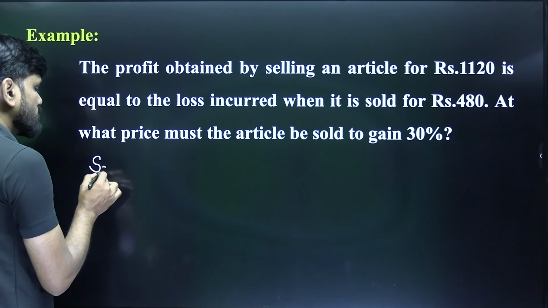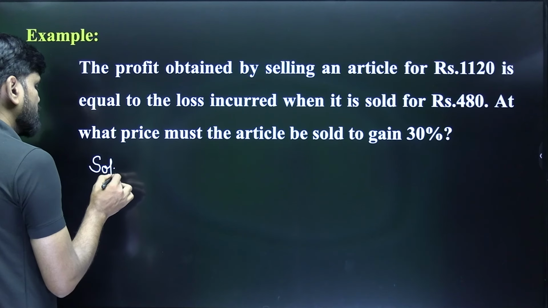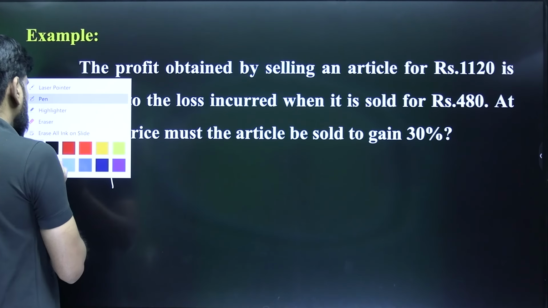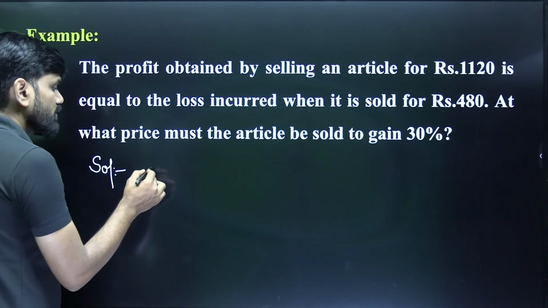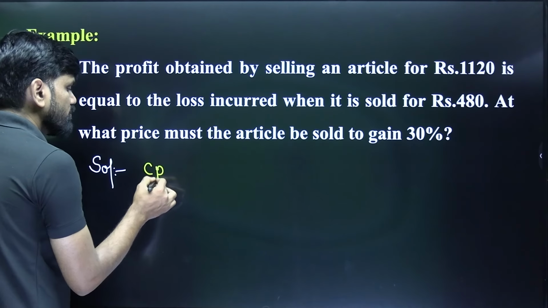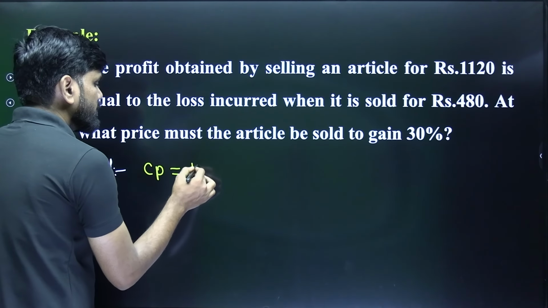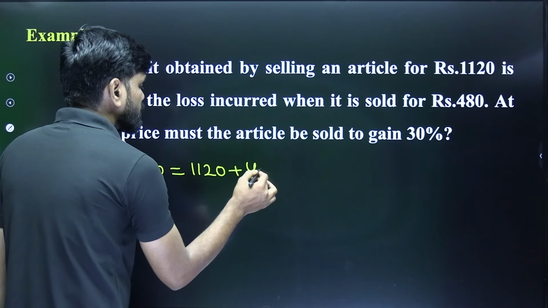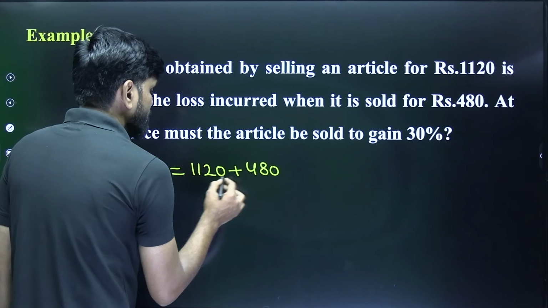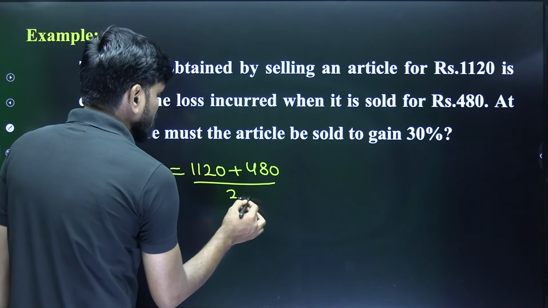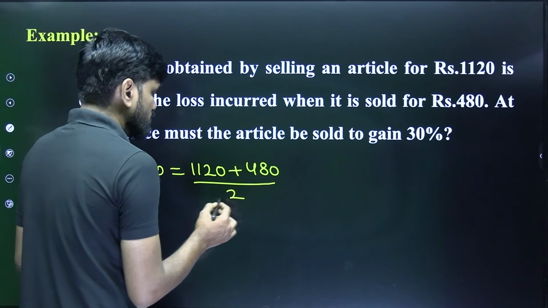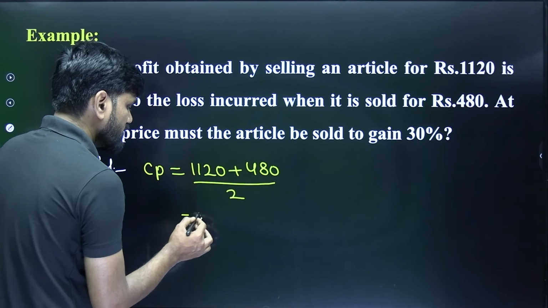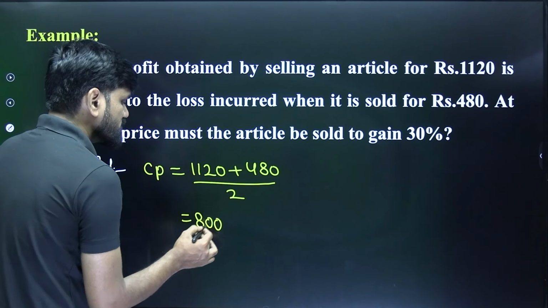To get the cost price, you simply apply the formula. Cost price is equal to (1120 plus 480) by 2. That will give you 1600 by 2. That gives you how much, dear? 800. Cost price is 800.